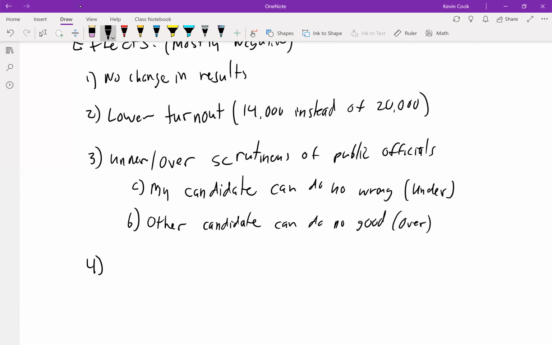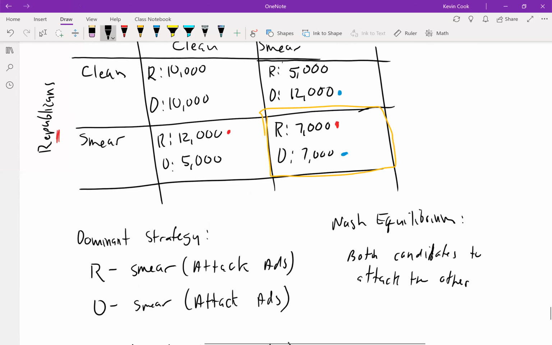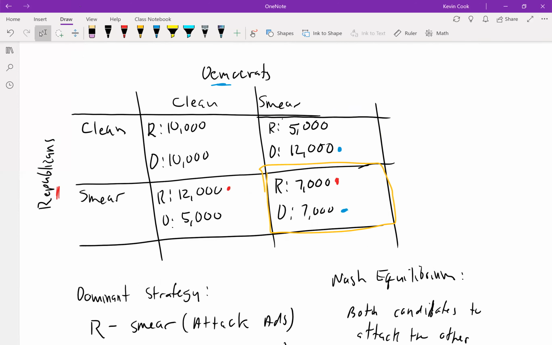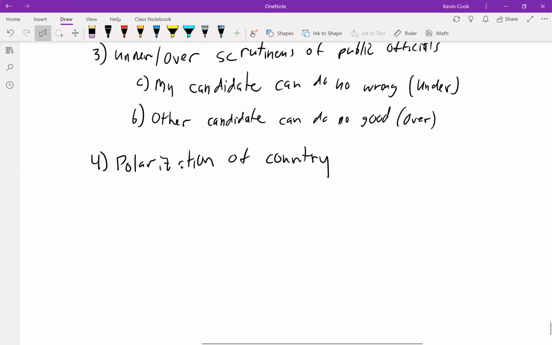And the fourth thing that comes out of this is a polarization of the country. A part of what this comes from is, if we think about this, everybody's running smear campaigns, or everyone's running attack ads.